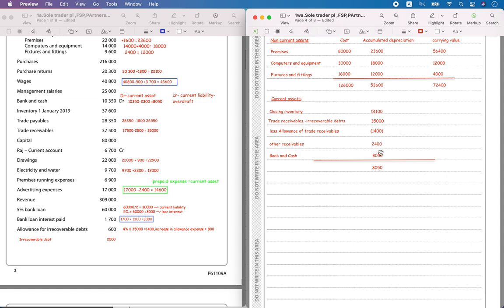So this value will be around 83,700. Then you add up 2,400 and 8,050. So when I add up 51,100 plus 35,000 minus 1,400, it comes up to 84,700, plus 2,400 plus 8,050. That is going to be equal to 95,150.